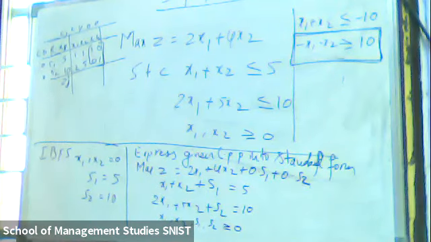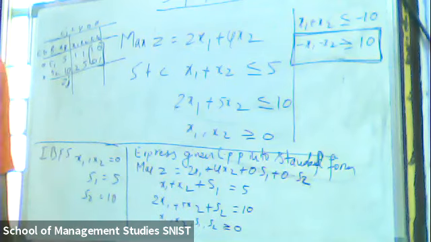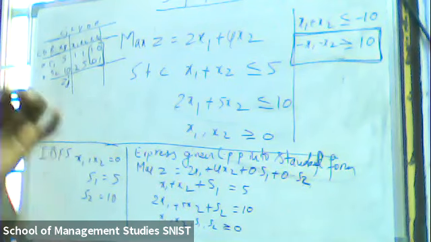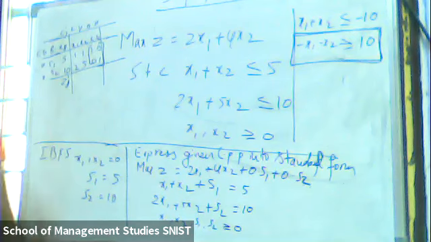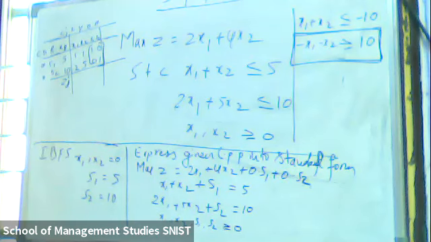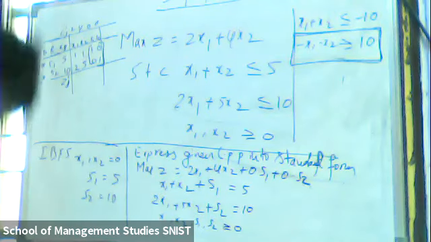By default, in the first simplex table, the Zj values you should always get are 0 itself. Why? Coefficient is 0, sir.